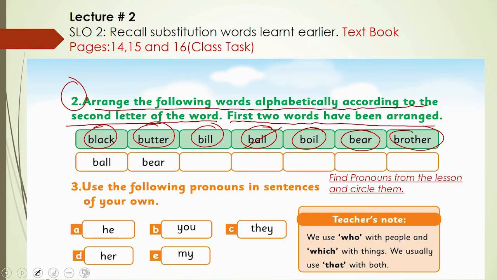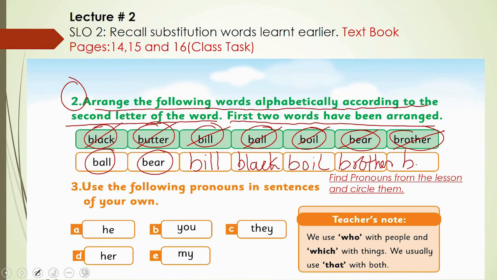B-A-L-L ball, B-E-A-R bear, bill, black, boil, brother, and then butter.